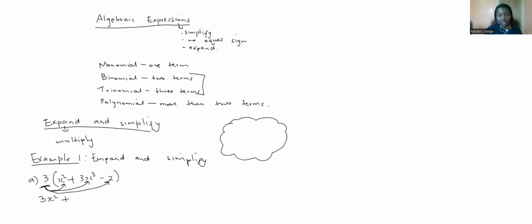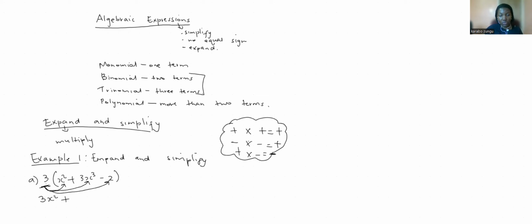This box normally means that it is very important information. Whenever you multiply, positive times positive is positive, negative times negative is positive, and positive times negative is negative.